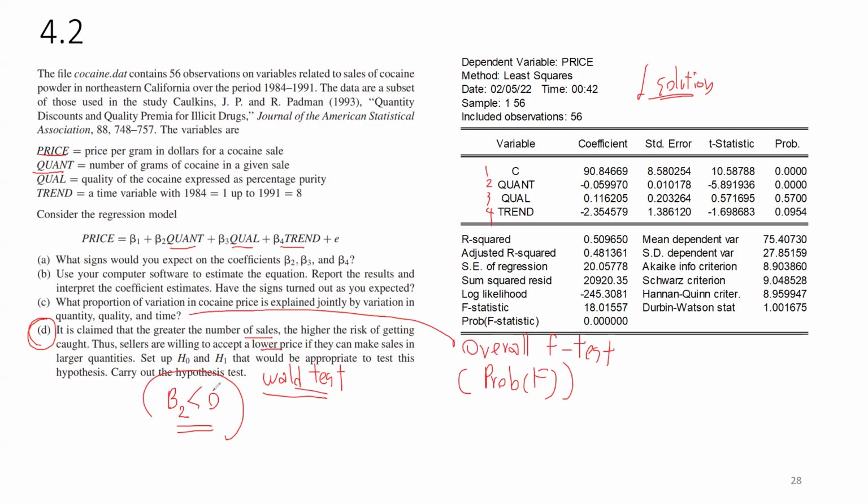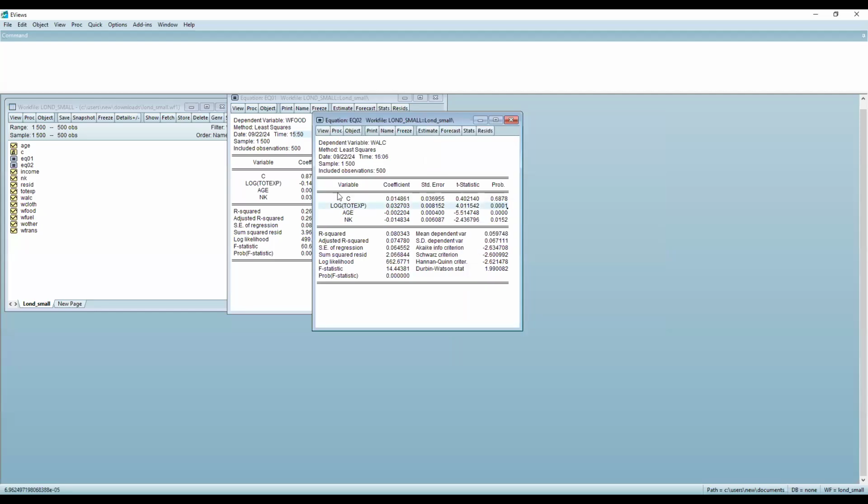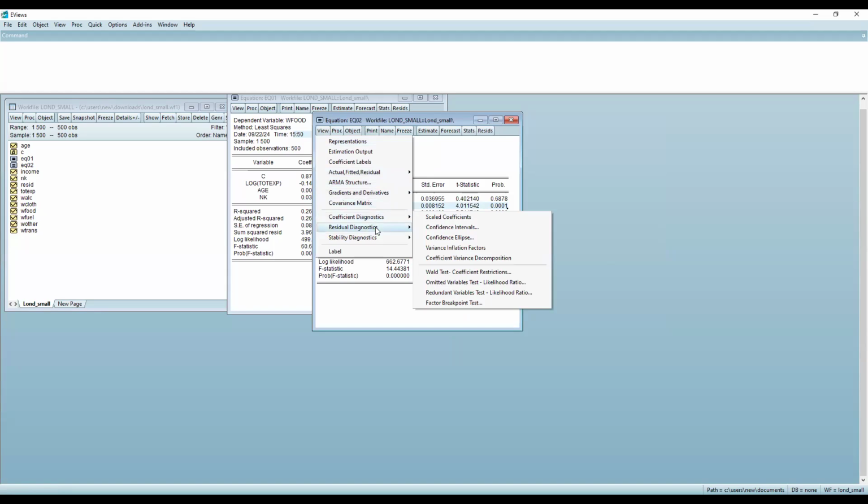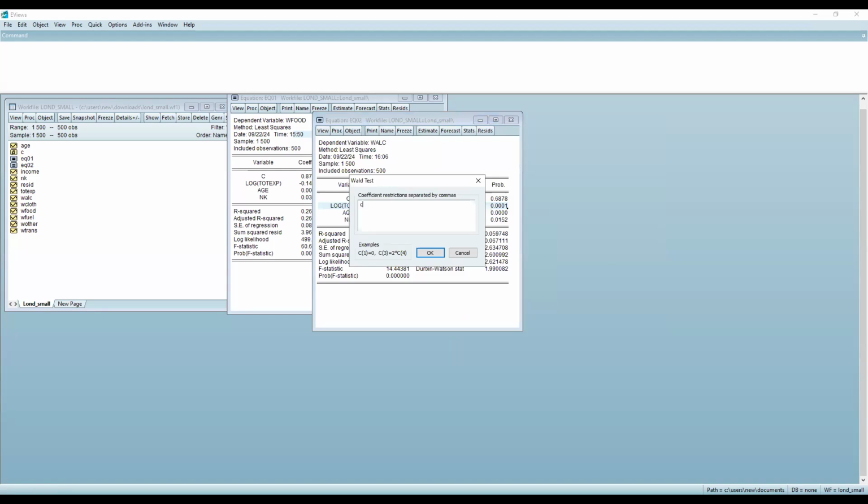Okay, let me introduce one test again. Okay, so I get your question. So we would like to test this one, right? Whether beta 2 is 0 or not.